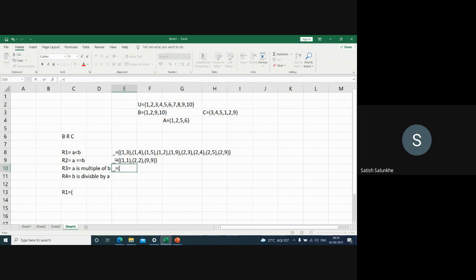R3: A is a multiple of B. 1 comma 1. 2 comma 2. 2 comma 4 also. 5 comma 10.